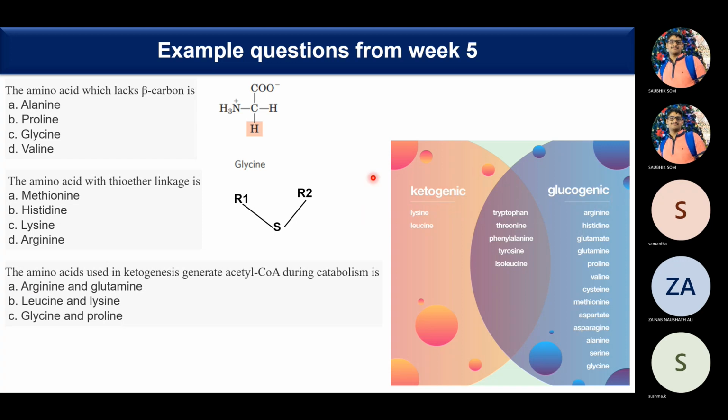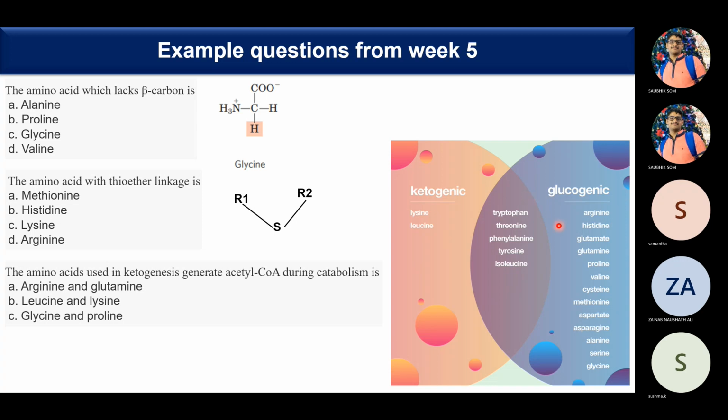Ketogenic amino acids are the amino acids which form acetyl CoA during their catabolism. Since amino acid catabolism was not taught in that class, it is just to know that the ketogenic amino acids are lysine and leucine.